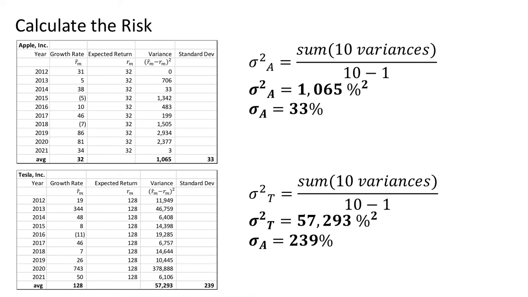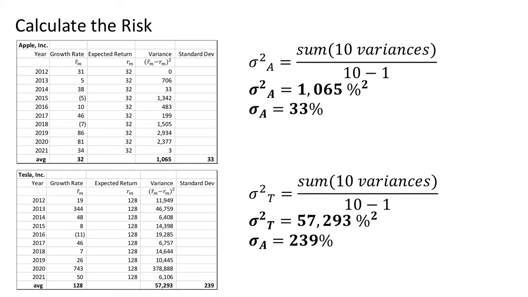And we calculate the variance by taking, for each year, the expected return minus the actual return, and squaring it. So 32 minus 31 squared is approximately 0. 32 minus 5 squared is approximately 706, so on and so forth.